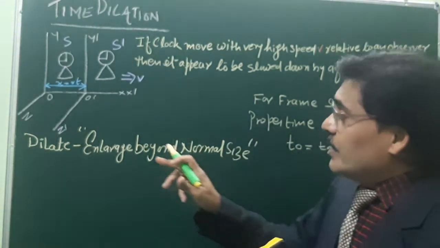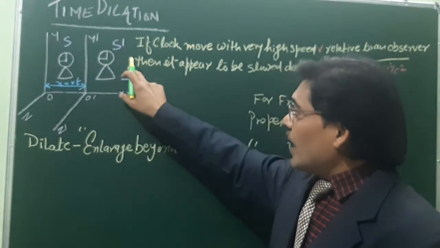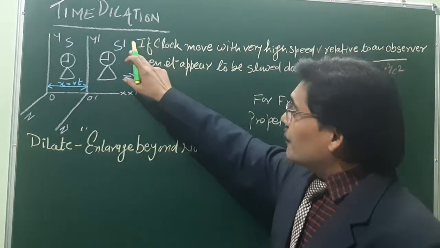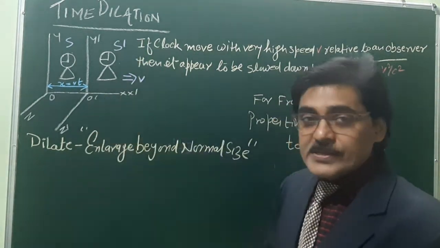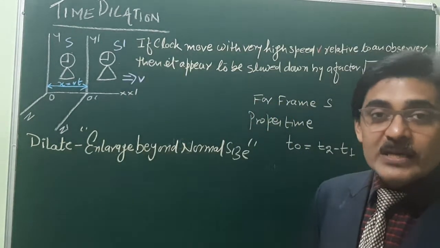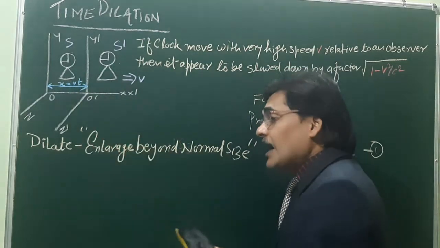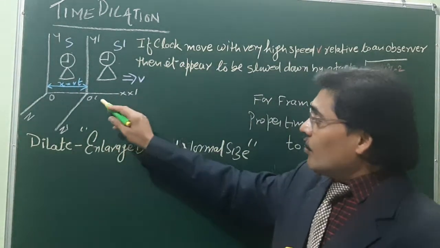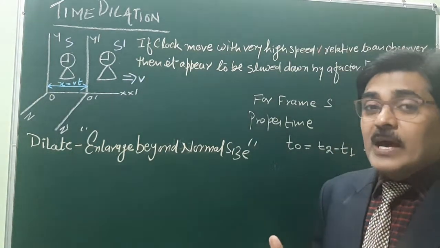The same event is measured by the frame S dash of observer O dash, who is moving with velocity v in the positive x direction. So according to observer O dash, the time interval noted is the apparent time. What is the apparent time?